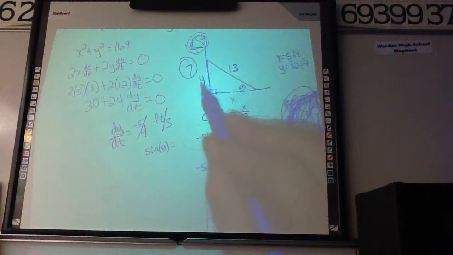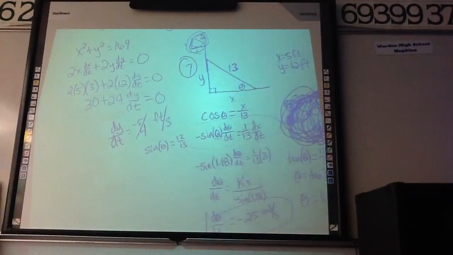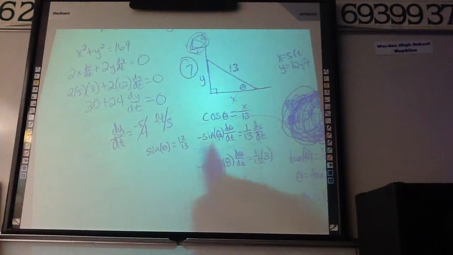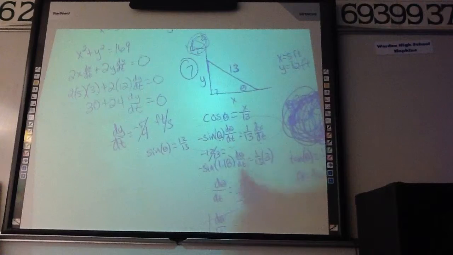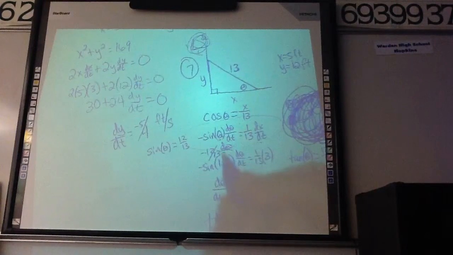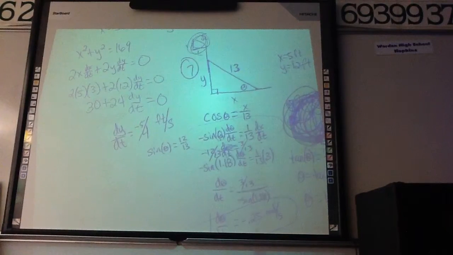Then that would be opposite over hypotenuse, which would be 12/13, right? Well, that's negative, so you would just put negative 12/13 times d theta dt equals 3/13. And if you divide by 12/13 on both sides, you'll get negative 1/4. So choose the sign that's on there.